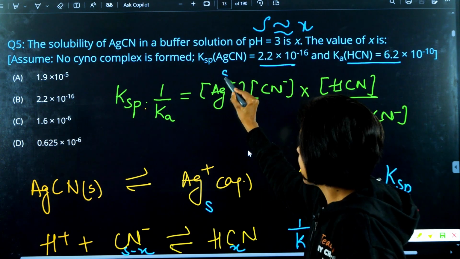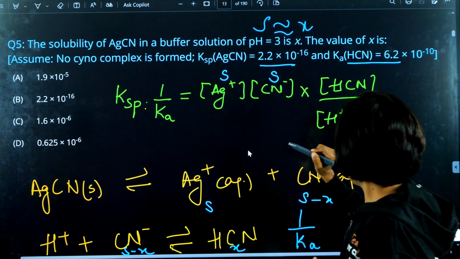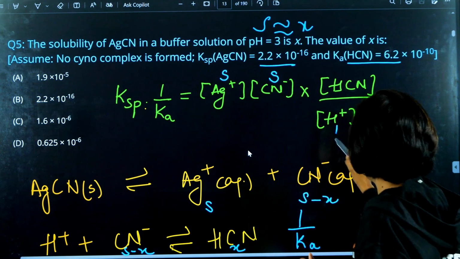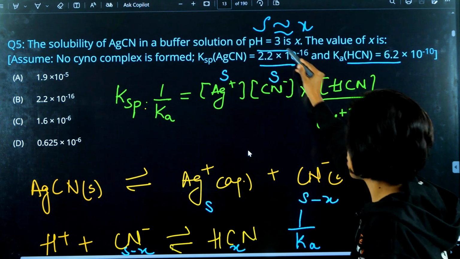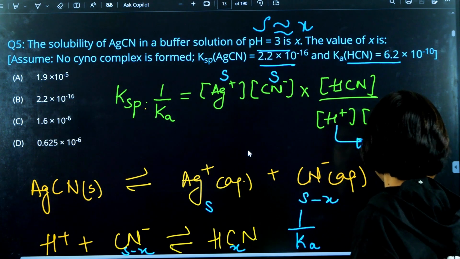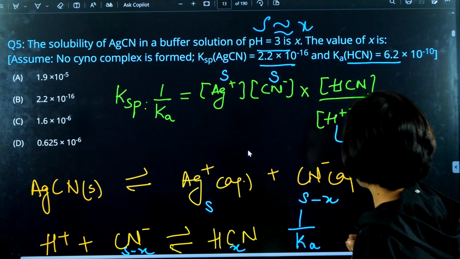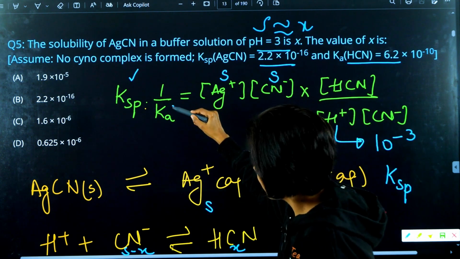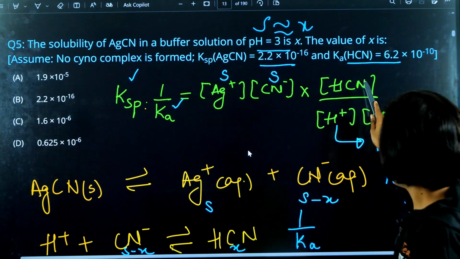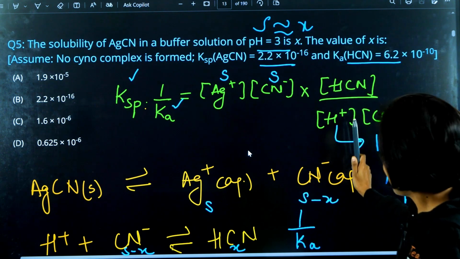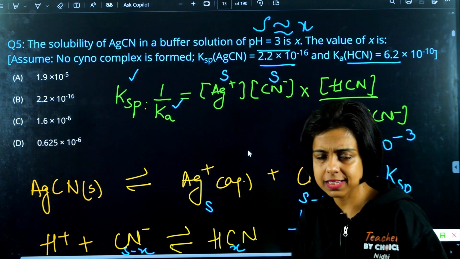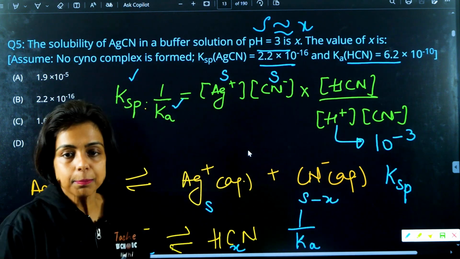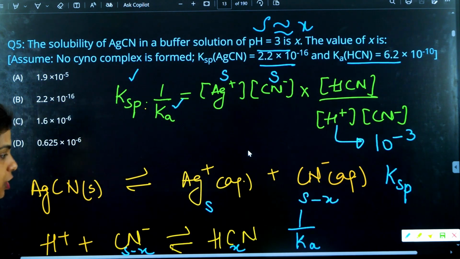So this is S, this is also S. And because the buffer solution has pH 3, the H+ concentration is 10 raised to power minus 3. You know the value of Ksp, you know the value of Ka, and HCN is also S, and CN- is also S. So we can simplify by putting all these values in, and you will get your answer.